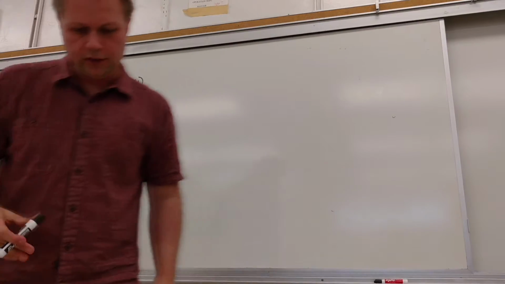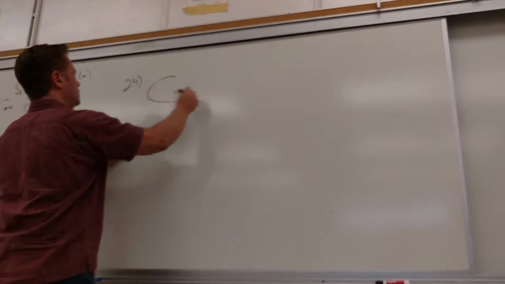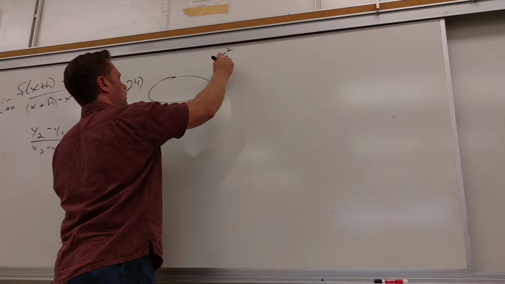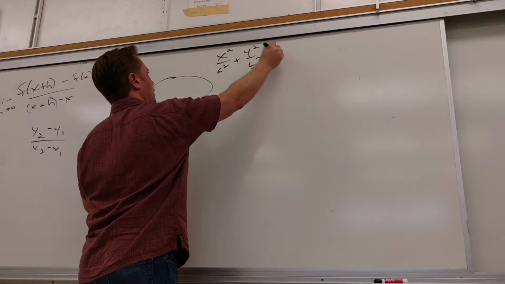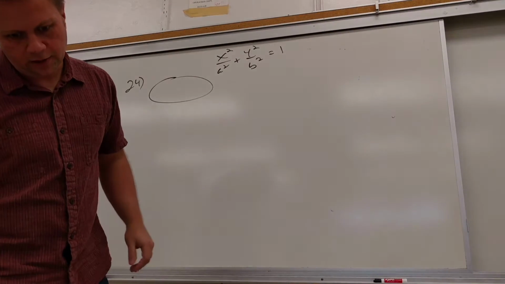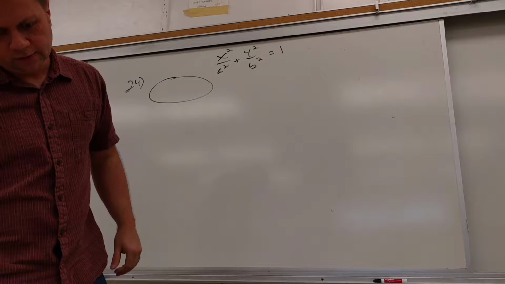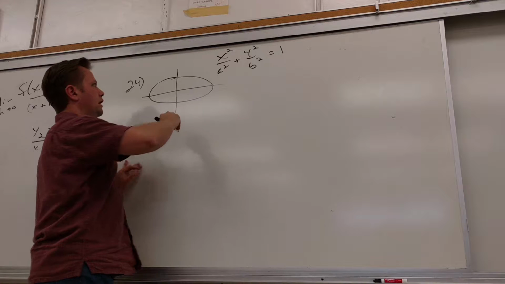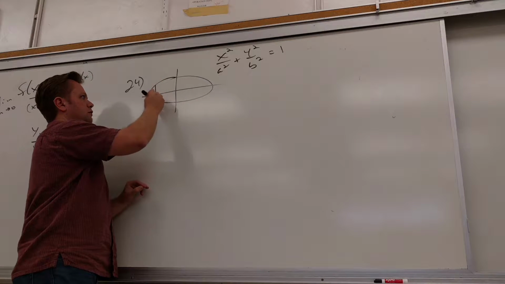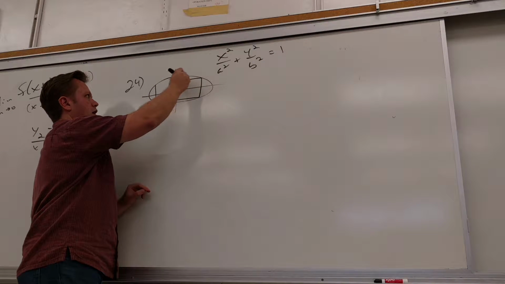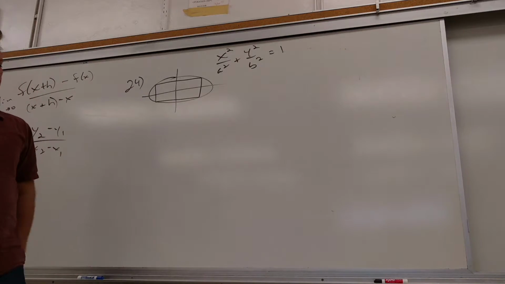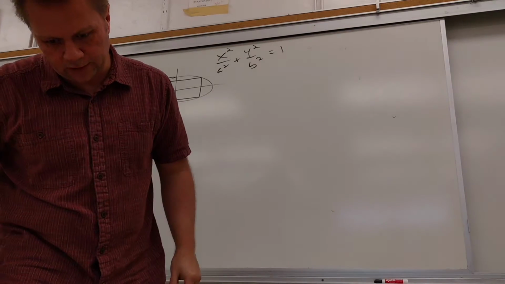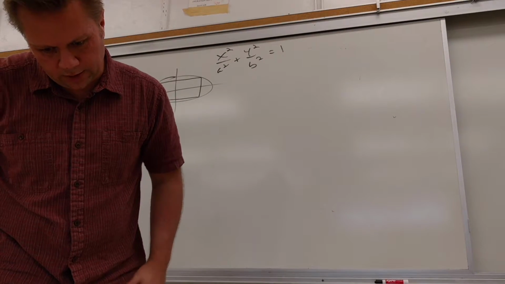Find the area of the largest rectangle that can be inscribed in the ellipse. Ooh, I like this on so many levels. So I have this rectangle inscribed in an ellipse.